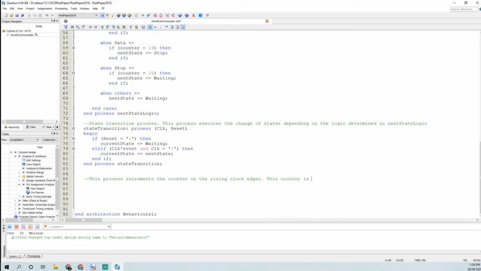This counter is used to count the number of clock cycles that have elapsed and allows us to index the data and address parallel inputs. Remember, parallel input is always a standard logic vector. We need to index those. Okay? All right.